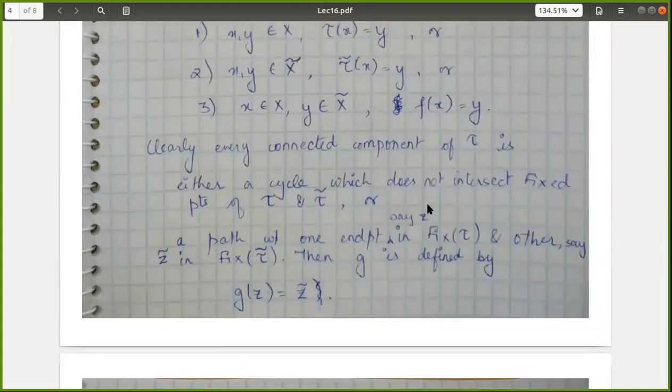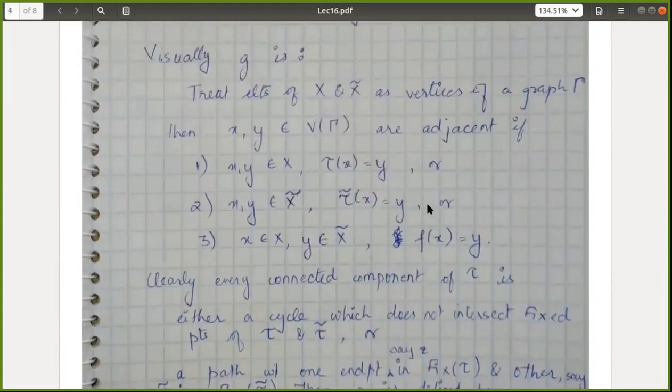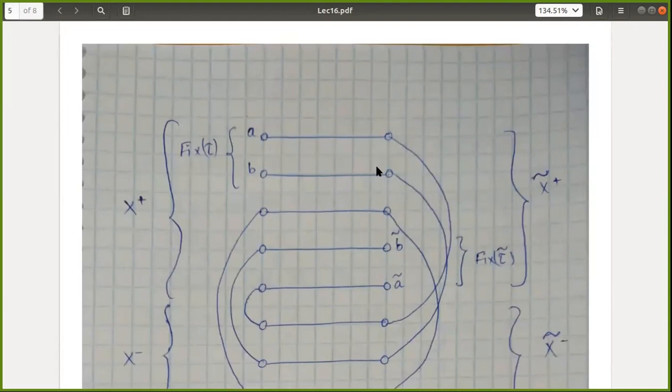Okay, so to sum this up, what we are really doing is that if you treat the elements of x and x tilde as vertices of a graph gamma, and two vertices of this graph are adjacent, if both happen to be in x and tau of x is y, okay? So here you are seeing the involution edges, and here you see the edges of f.